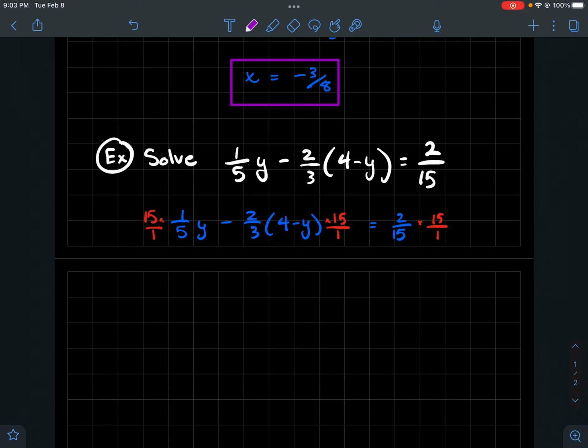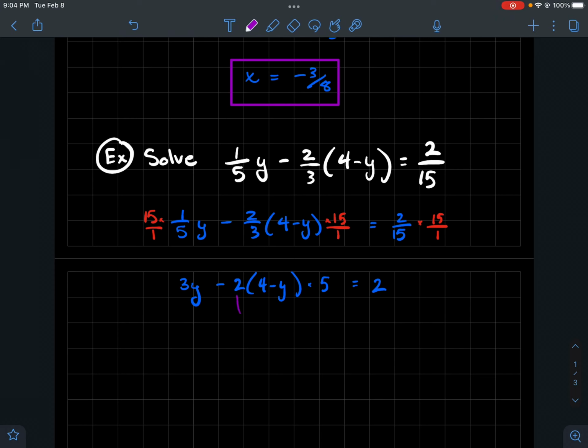So to track through that again, this just reduces to 3y because 15 divided by 5 is 3. What did I do? I canceled the 15 and the 3 to get a 5, and I wrote it over there on the right side. You could have put it over here next to the 2 if you're comfortable with that. I'm going to do that in the next step, actually. And like we said, over here, the 15s just go away.